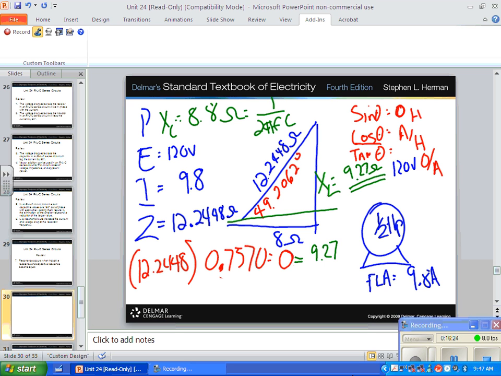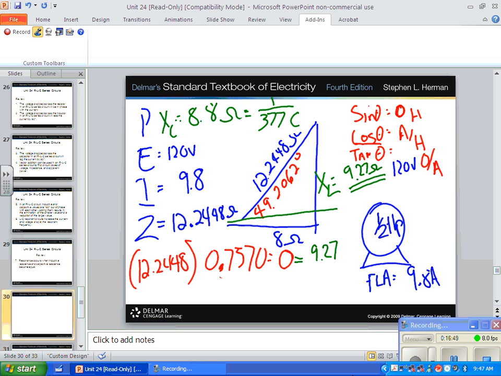That's our X sub C. And we have the formula 1 over 2 pi FC, and we know that's really 1 over 377 times C. Everybody agree with that?